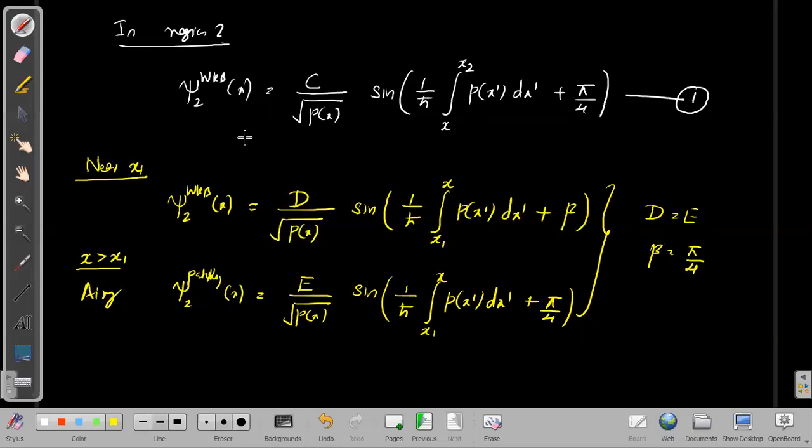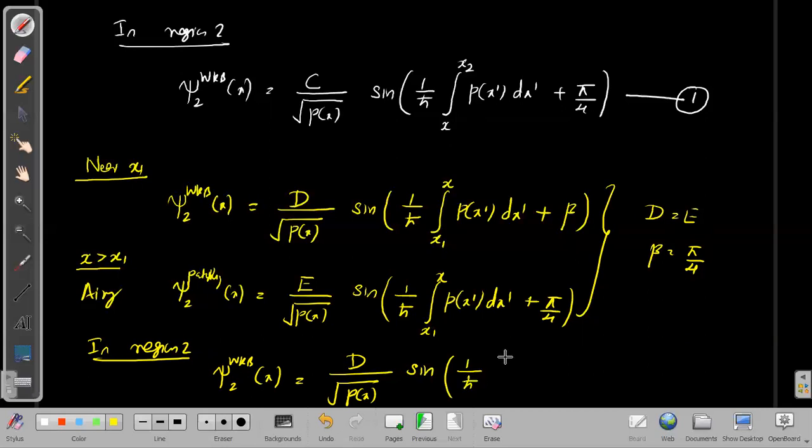So then in region 2 we have another form for the WKB wave function, which is psi 2 WKB of x. We can write some constant by root p of x, sine of 1 by h cross integral x1 to x of p of x prime dx prime, plus pi by 4.